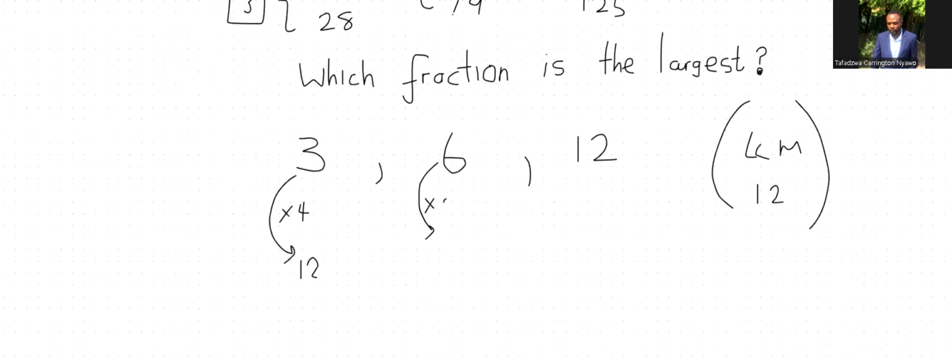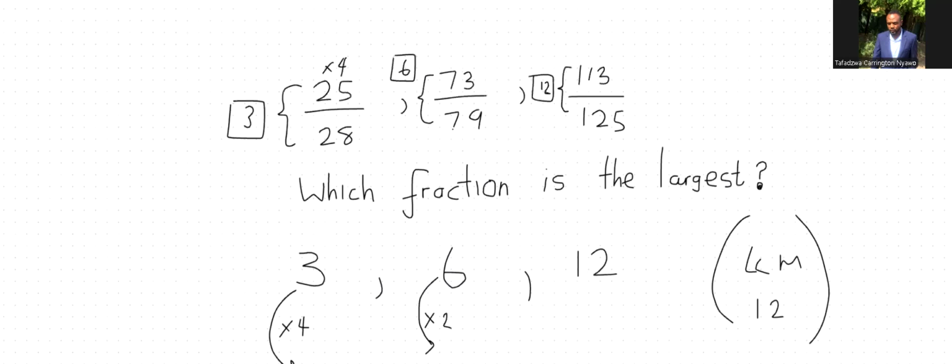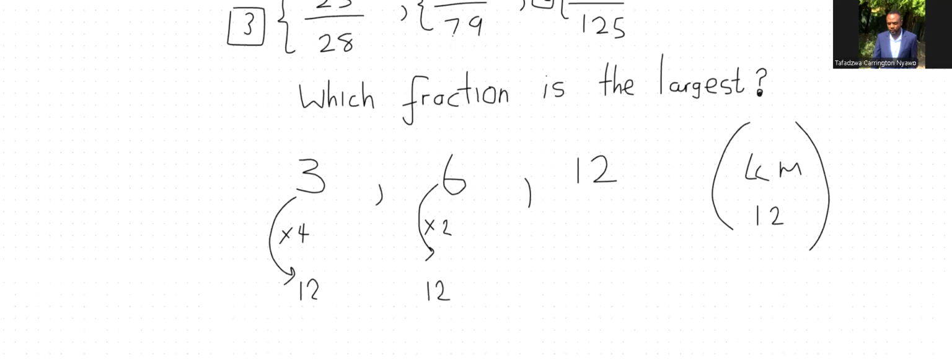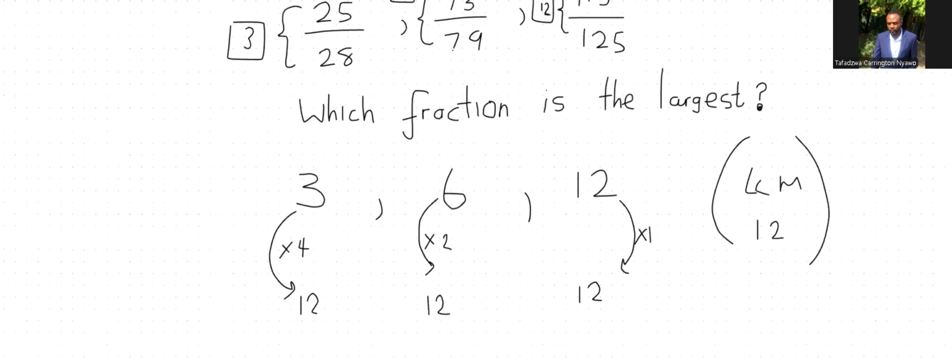Then I go up where there is 73 and 79, and I'm going to multiply this numerator by 2. Then I go down again, 12 here. Obviously, it's going to be 1, because 12 into 12 is 1. Now multiply this numerator by 1.